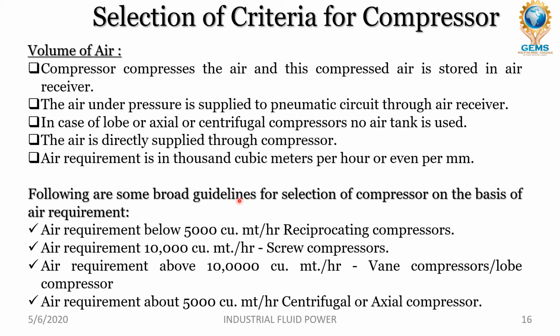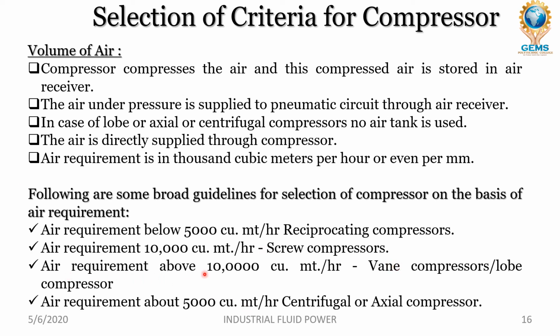Following are some broad guidelines for selection of compressors on the basis of air requirement. According to the requirement, we select. If the air requirement is below 5000 cubic meter per hour, use reciprocating compressors. If the air requirement is 10,000 cubic meter per hour, then go for screw compressors.